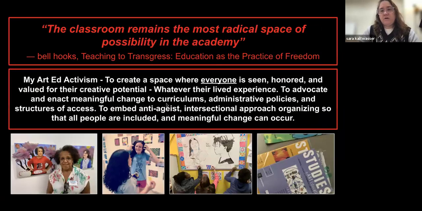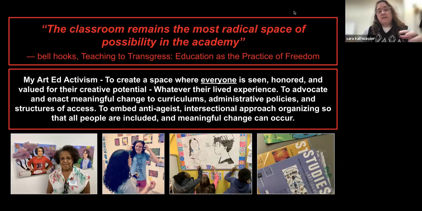So Bell Hooks has this quote. Bell Hooks is an activist and thought leader, and she says that the classroom remains the most radical space of possibility in the academy. And she was always advocating for academic institutions and places that hold this learning space to be spaces that become activated and radical.